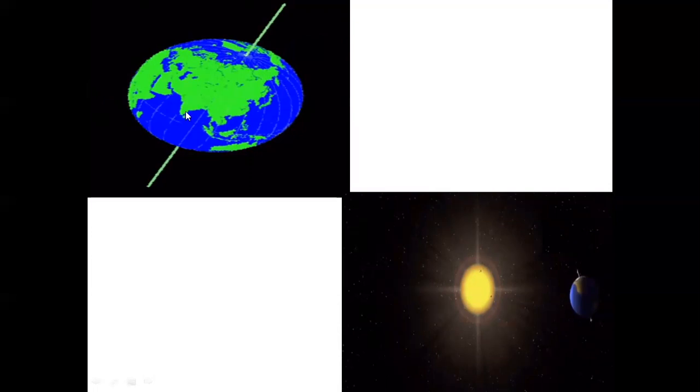24 hours means one day it takes to rotate. Suppose India is here, it just rotates and rotates and then again comes back here. So for one rotation on its axis, the Earth takes one day, that is 24 hours.